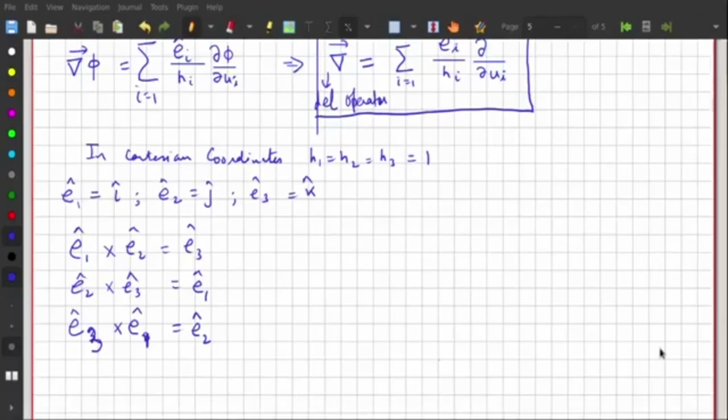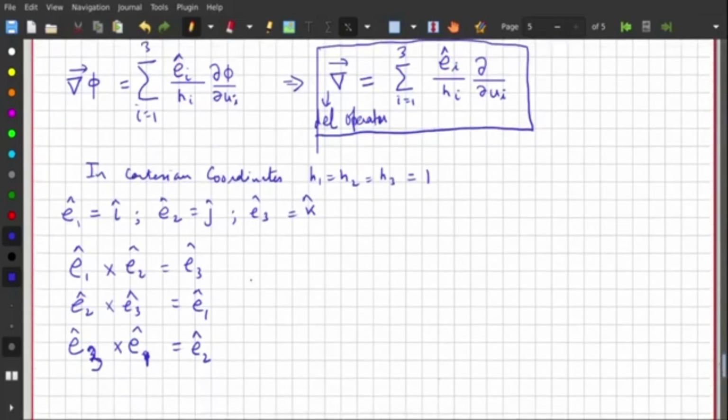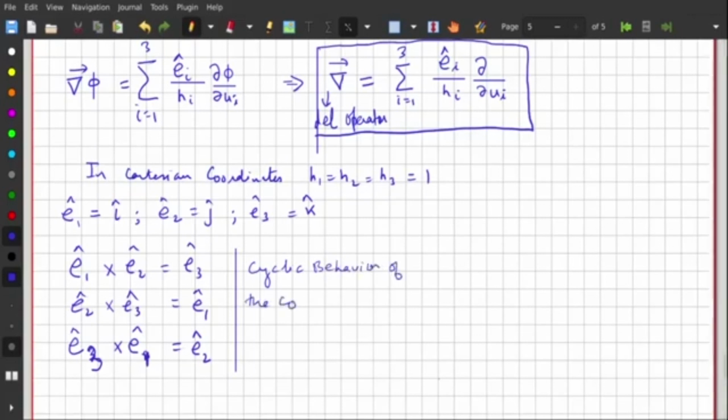Welcome everyone to another segment of introductory lectures where we were discussing coordinate systems in general, and in the last lecture we saw the cyclic behavior of the basis vectors, the cyclic behavior of the contravariant and covariant basis vectors.